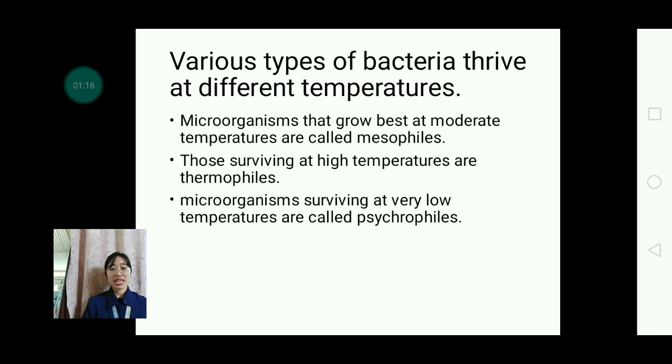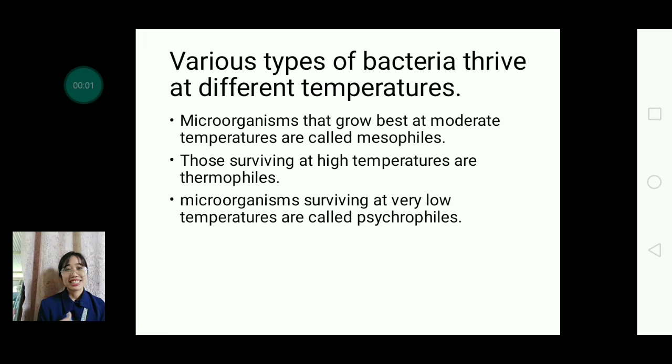Those are bacteria that grow in not so cold or hot temperature. In thermophiles, an example is Pyrus candelari. And for psychrophiles, we have lichens, bacteria, snow algae, phytoplankton, and fungi.